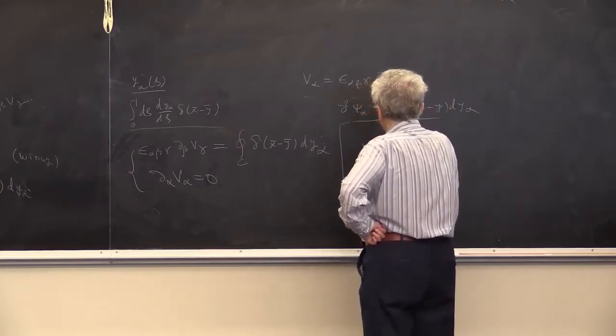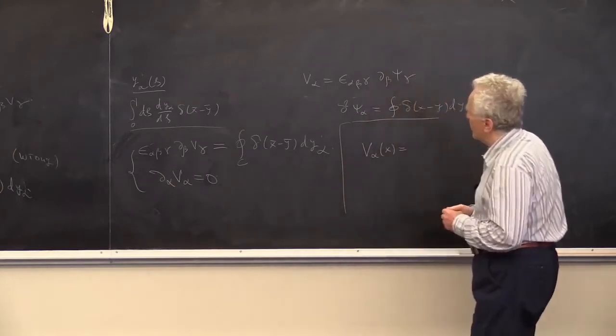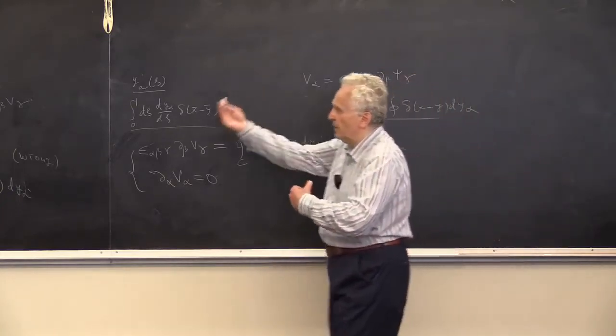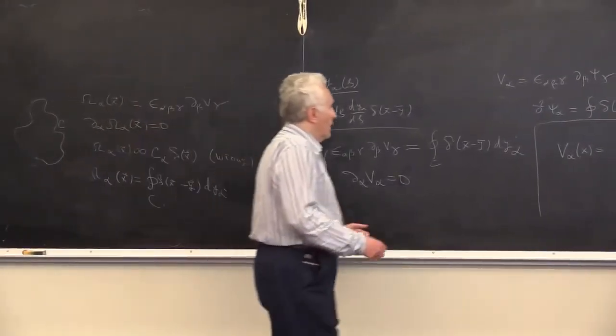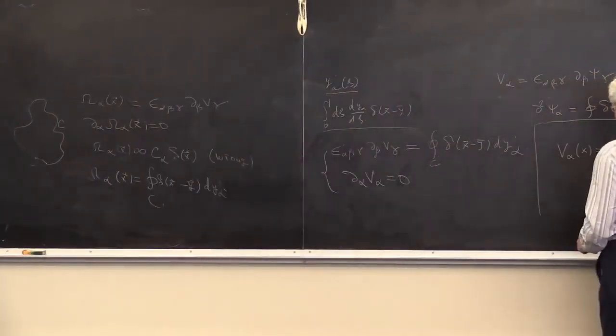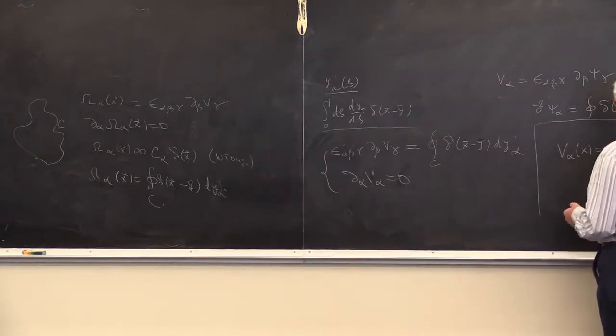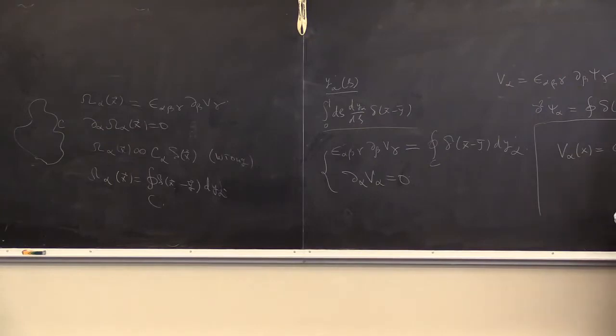The answer is the velocity of a single vortex line, the velocity produced by a tornado, is something like it should contain epsilon function, and it should contain the derivative, and it acts on the integral of the solution of the Laplace equation, which is just x minus y.